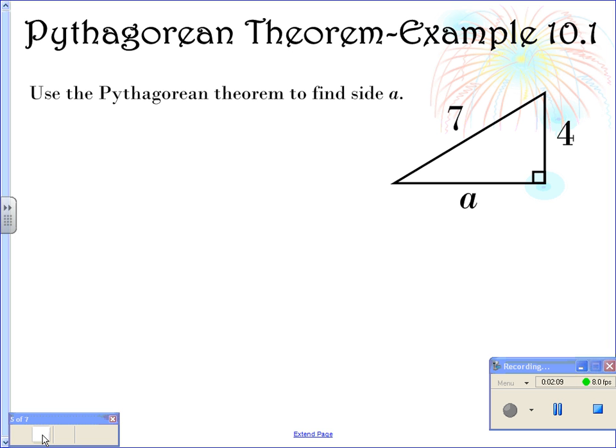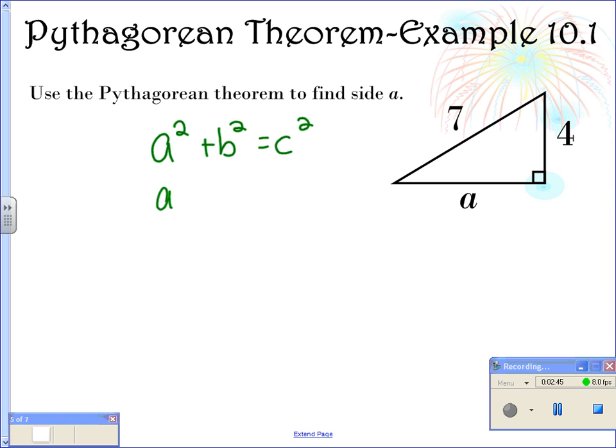All right, use Pythagorean theorem to find side A. You think you can set it up by yourself? Okay. What would you let be your A?